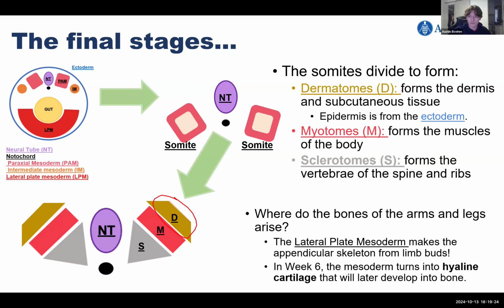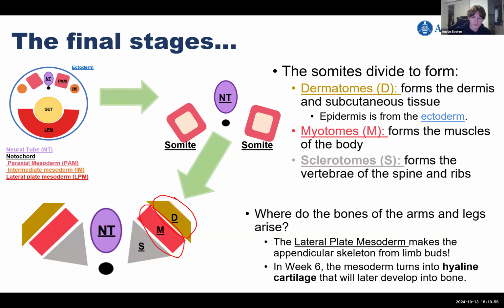So these are superficial coverings that are going to be going over our body wall and our arms and limbs. The other one here is the myotomes, and that's going to end up forming the muscles of the body. The myotomes also contribute to the limbs, the arms and legs, but they also form a little bit of the muscles on the back, some of those superficial muscles.